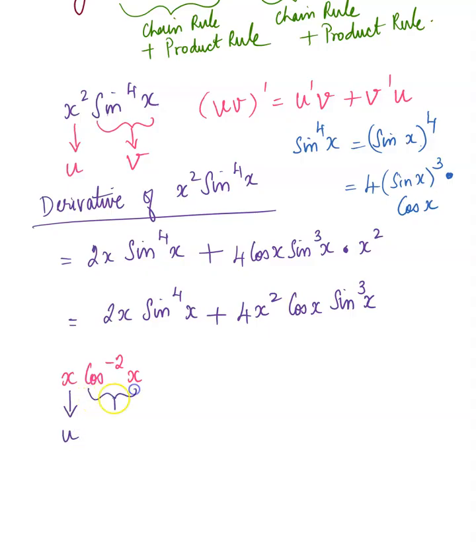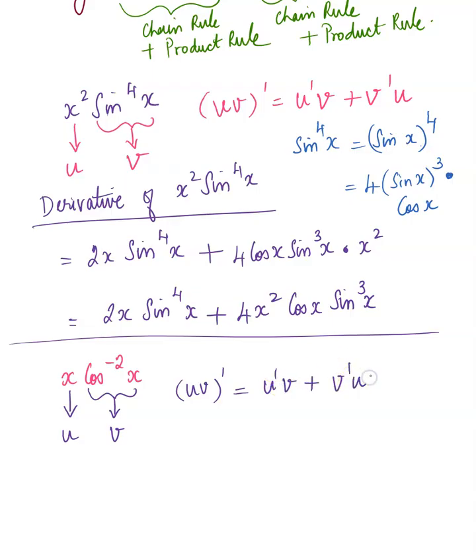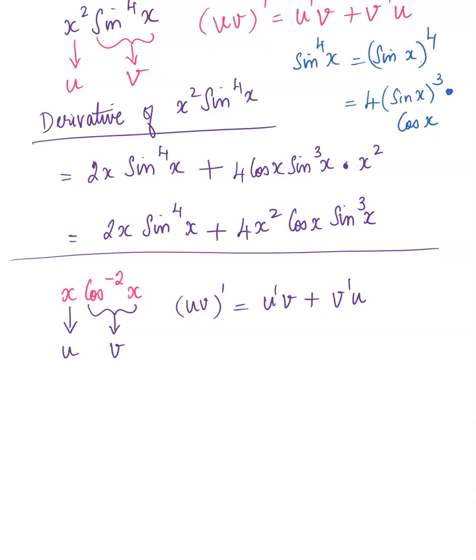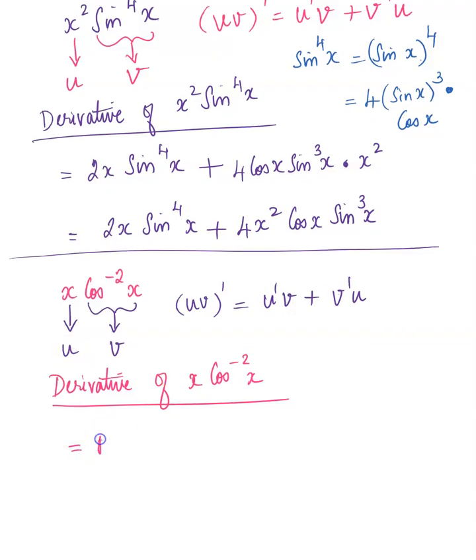So I'm going to call this as u and this as v. uv prime is u prime v plus v prime u. And so derivative of x cosine power negative 2x will be u prime, which is x. So u prime is 1 times cosine negative 2x plus v prime.